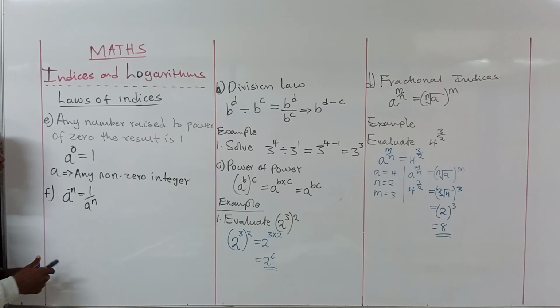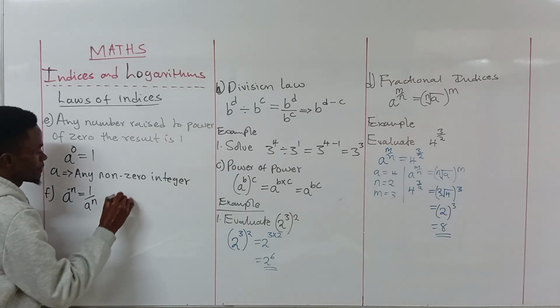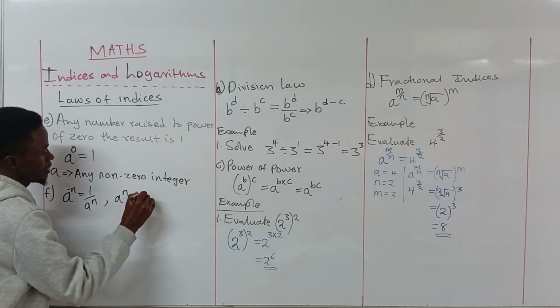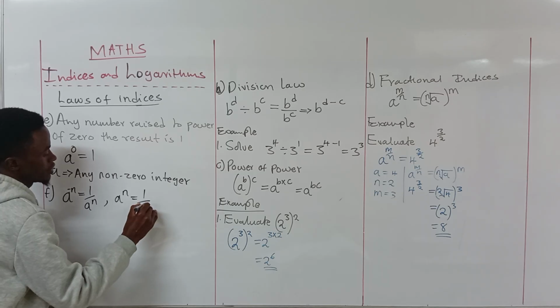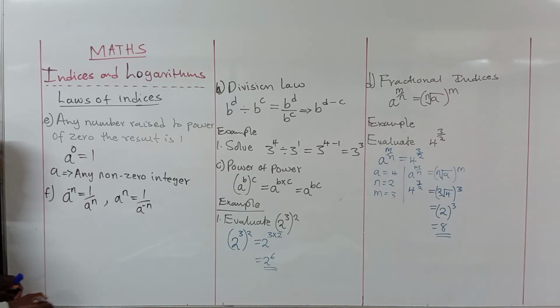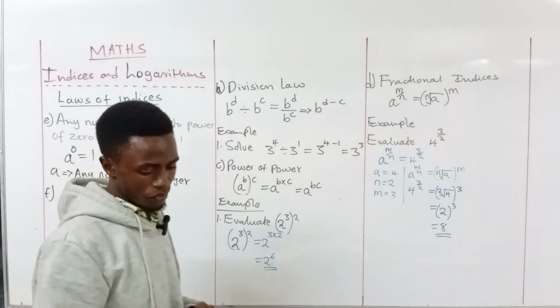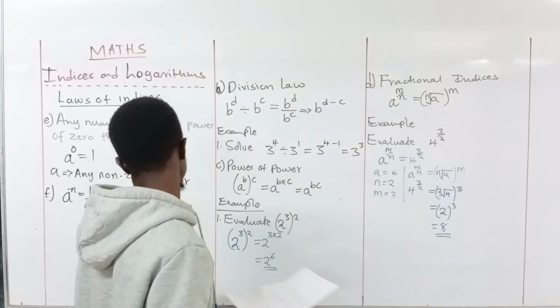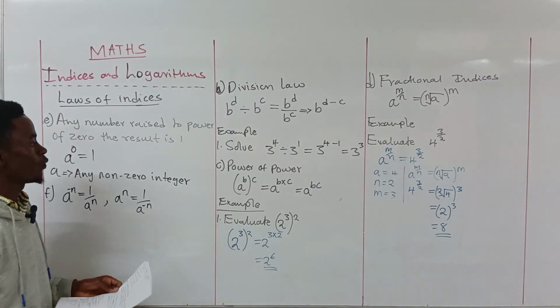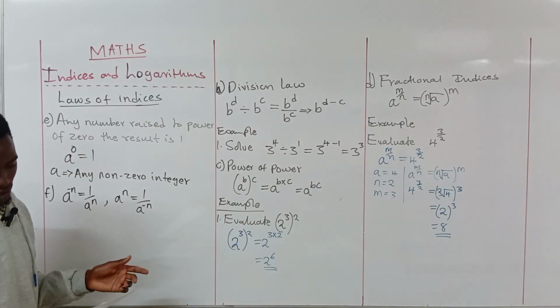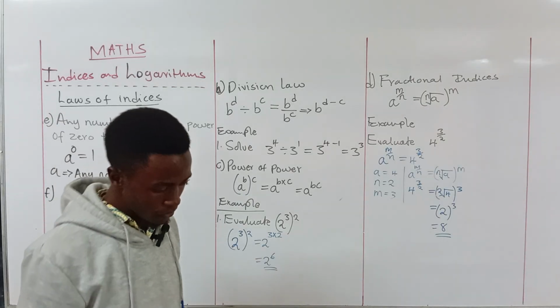So the power here is going to change. And that means that a raised to n is the same as 1 over a raised to negative n. So the powers are going to change when you are finding the reciprocal of those numbers. So those are the key things that are going to guide us in solving questions on indices.